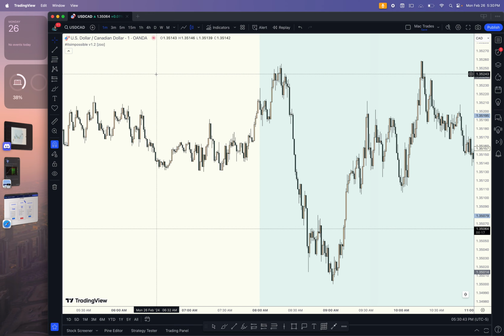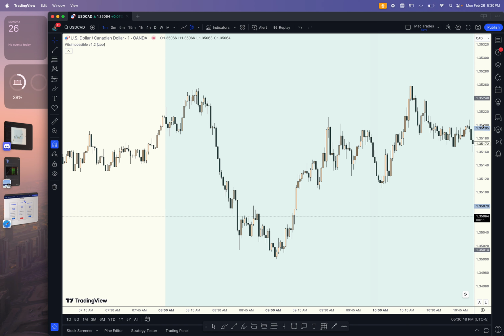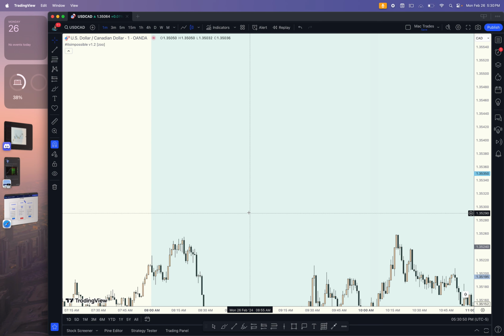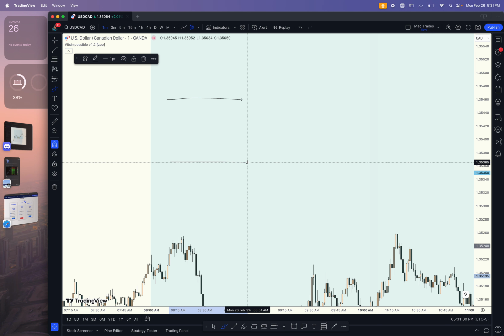Now, accumulation can form in many ways. Let's go over a couple of the ways. The basic accumulation that we are all used to seeing is a range of candles, where price creates a high, price creates a low, and then we see price trade up, trade down, maybe play around in here, generate internal liquidity, then trade down, then trade up, go back to the high.